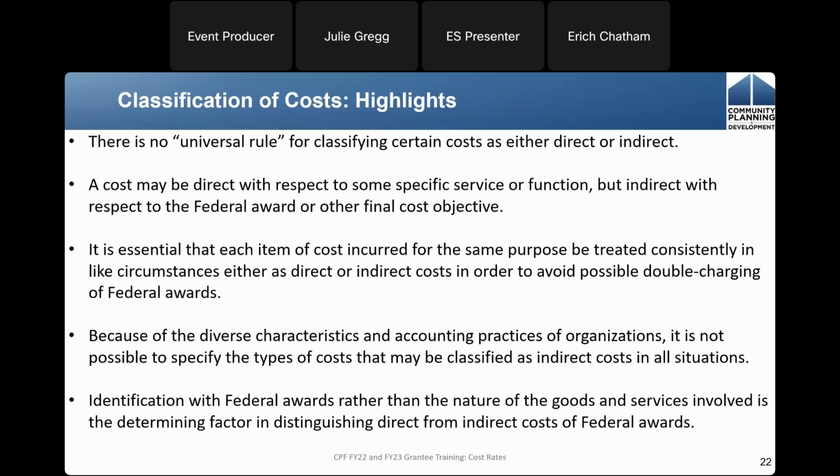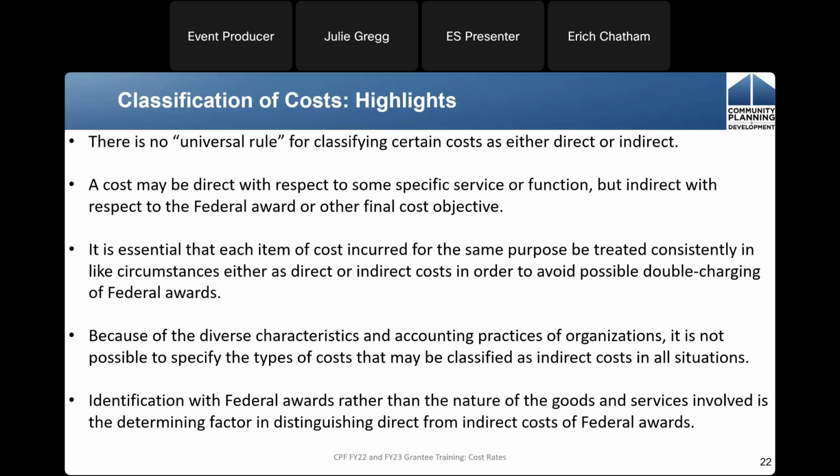A cost may be a direct cost with respect to some specific service or function, but on the other hand, it could be indirect with respect to the federal award or other final cost objective. It is essential that each item of cost incurred for the same purpose be treated consistently in like circumstances, either as direct or indirect, in order to avoid possible double charging of federal awards.